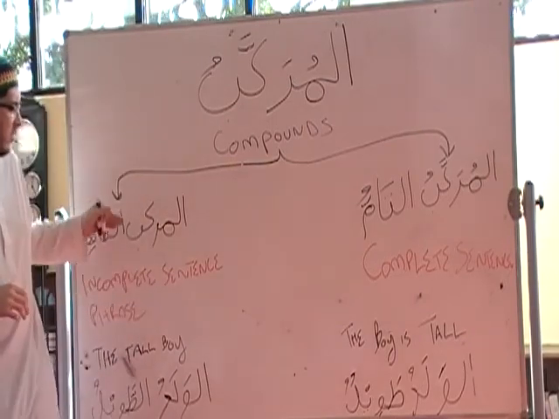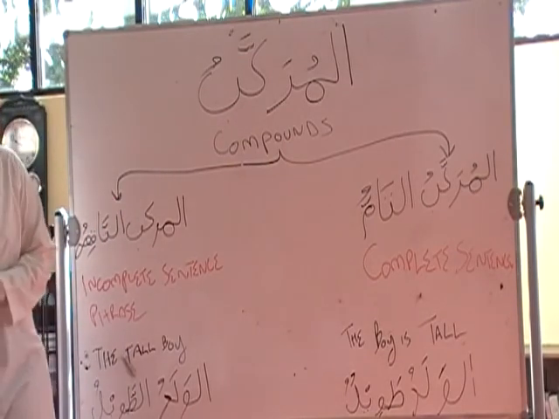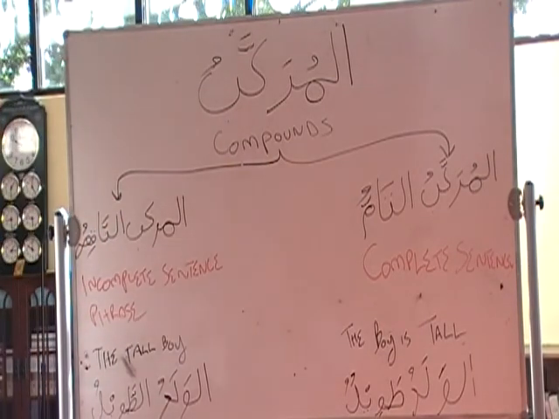But today the focus is going to be on al-murakkab al-naqis, so feel free to write this down. There are over a dozen compounds, or phrases, or incomplete sentences for us to learn in time. The 2 most common, which we already saw when we went through the Quran over the last few weeks, are phrases of description and phrases of possession.